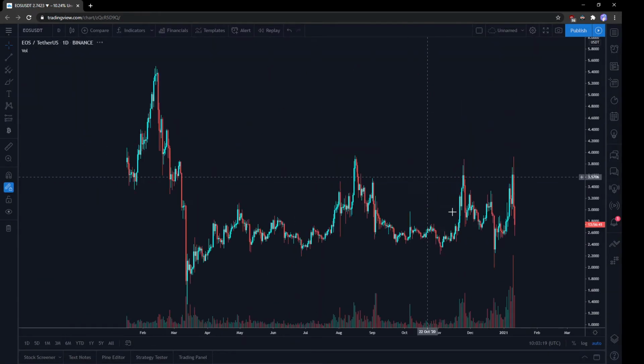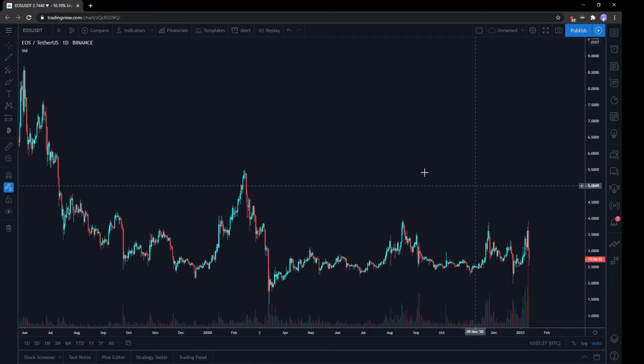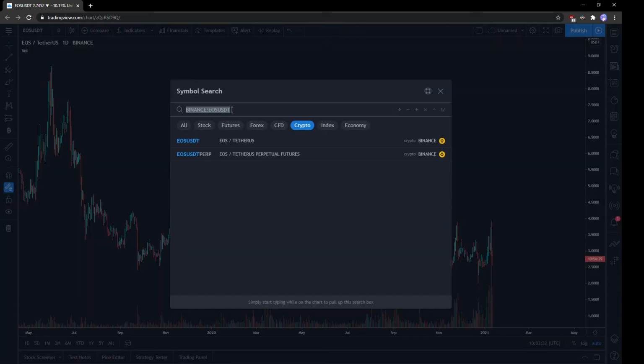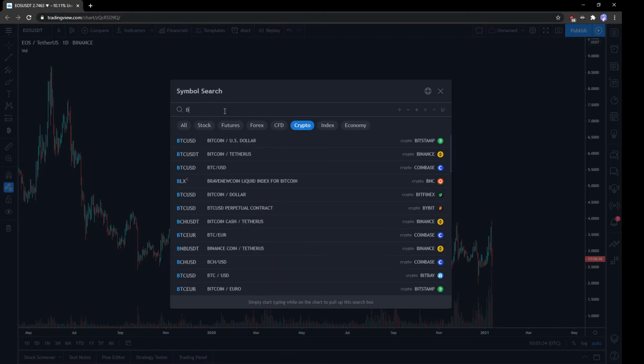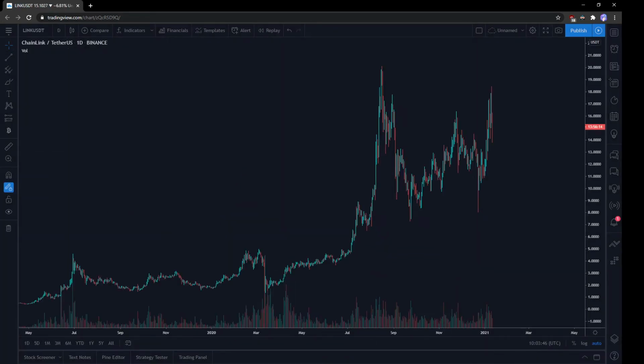If you give a look at the USDT, it's going sideways, even though Bitcoin is pumping. So right now this coin is a bit dead, so I will not trade it. Let's see what else we can get. So yeah, Link USDT. I don't think I have a chart for this one.